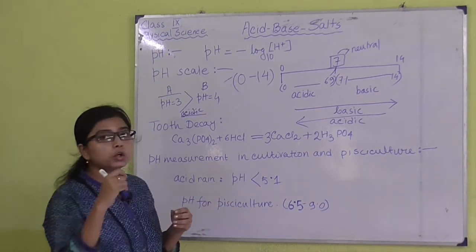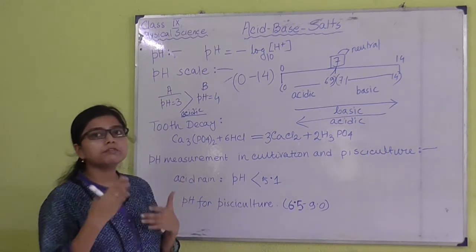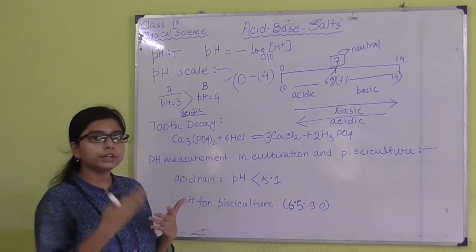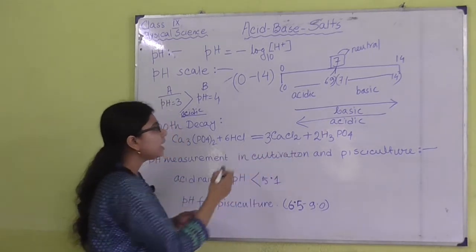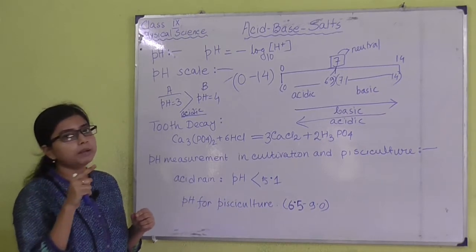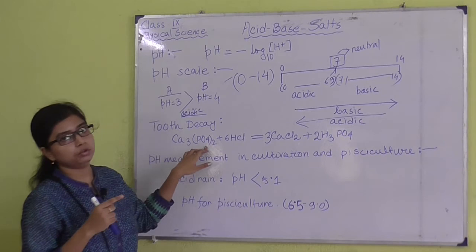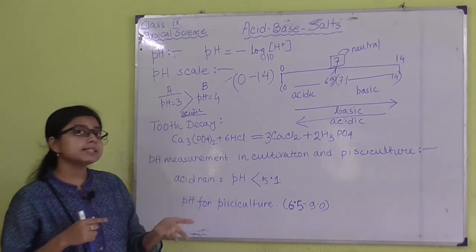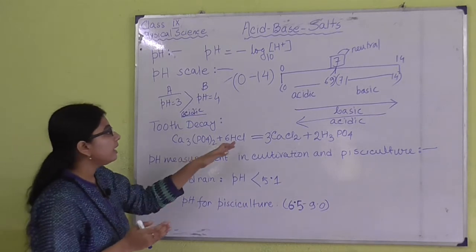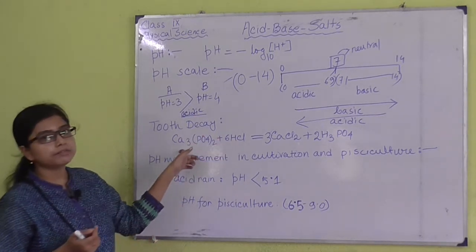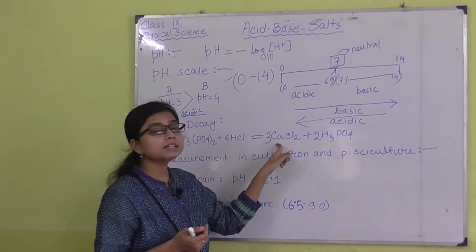If we do not remove the food particles, then further it will continue to react, forming CaCl2. Actually our tooth enamel contains calcium phosphate, that is Ca3(PO4)2, and if excess HCl is generated within our mouth, then that HCl will react with the calcium phosphate and form the soluble CaCl2.